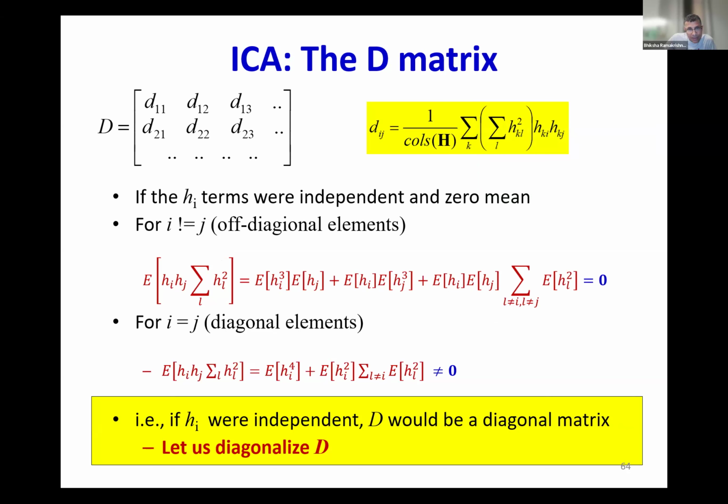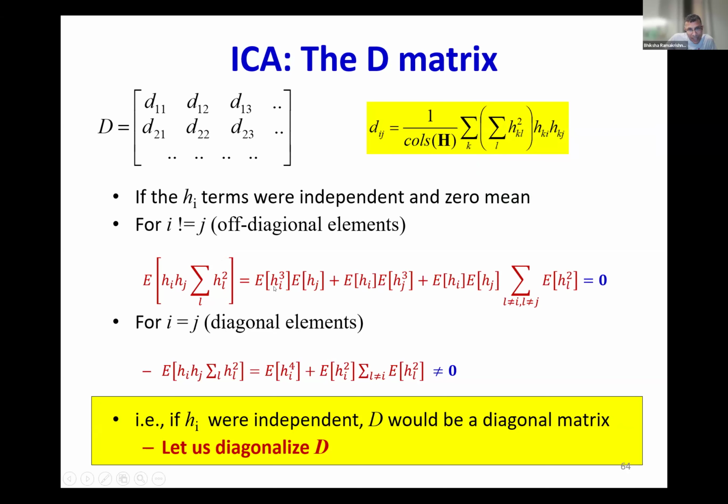You see this over here? Now, we know that this sum includes Hi squared. It also includes Hj squared, because this is the sum of the square of all of the components.